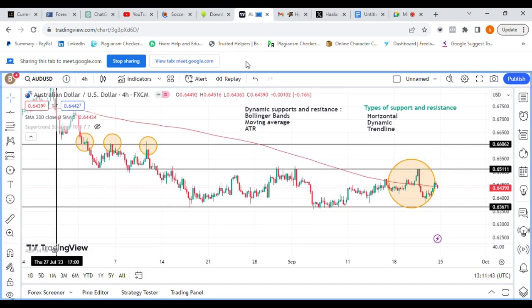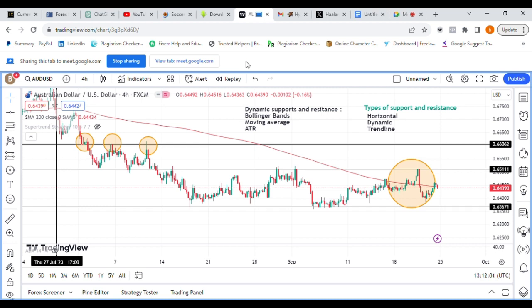Okay, so that's the dynamic support and resistance. I mostly like working with the moving average because it also gives me a clear direction of the market.